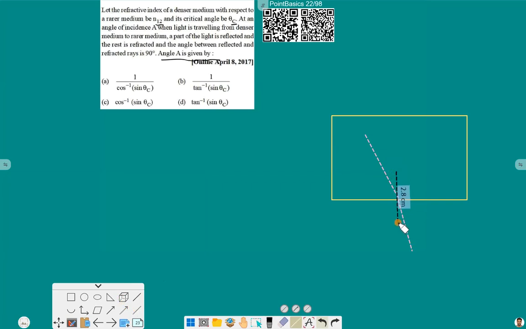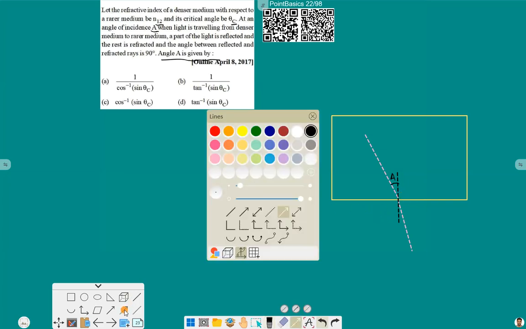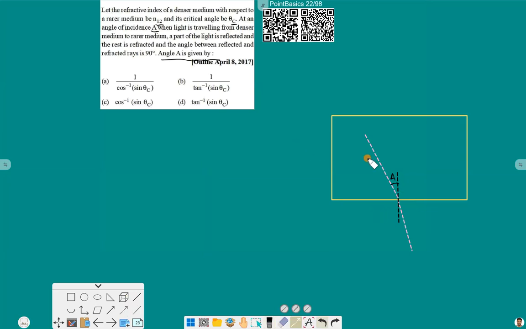Suppose this is our normal. Now it is mentioned that the angle of incidence is A, so here this angle will be A. As there is reflected light also, let me plot that too. Suppose this is the reflected light here.